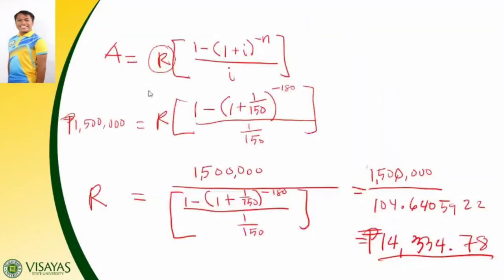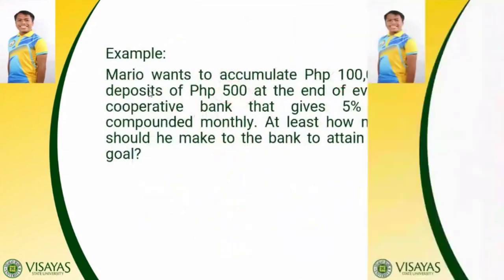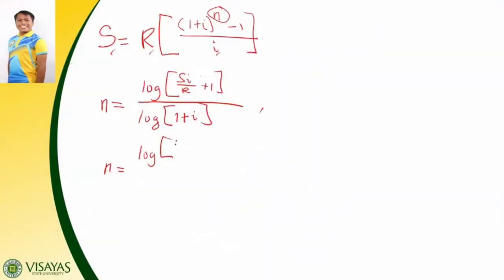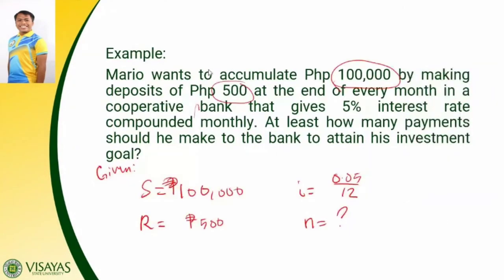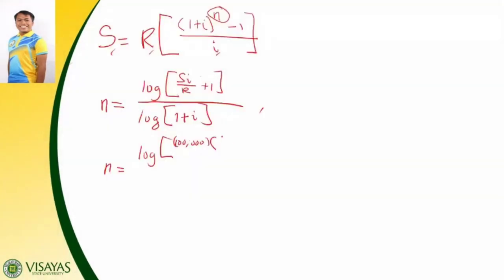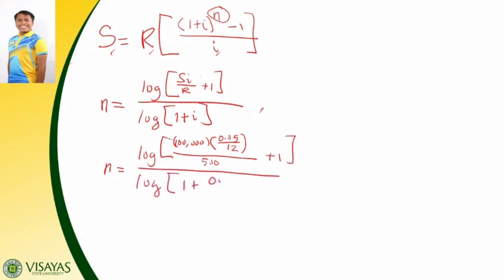So this is N, log of S, 100,000. Yes, 100,000 times our I, which is 0.05 over 12, and then over R, our R is 500, plus 1. Over the log of 1 plus 0.05 over 12.